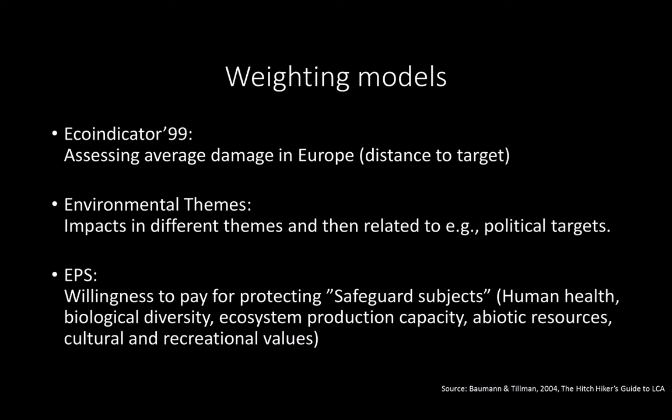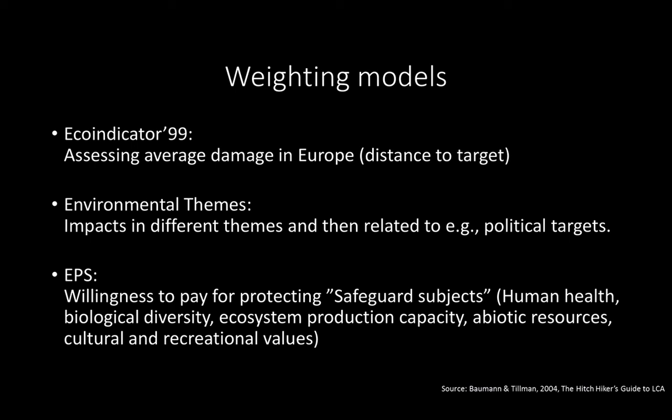The third one, EPS, is based on a more monetary assessment. They have asked people how much they are prepared to pay for protecting the different safeguard subjects, that is human health, biological diversity, the ecosystem production capacity, abiotic resources, and finally cultural and recreational values.